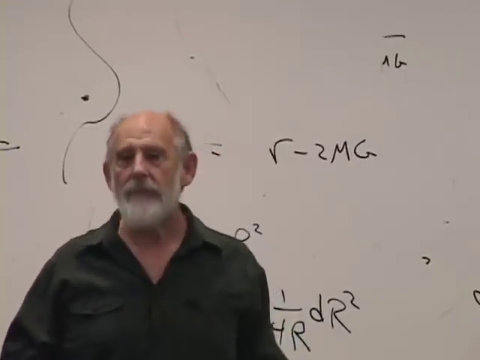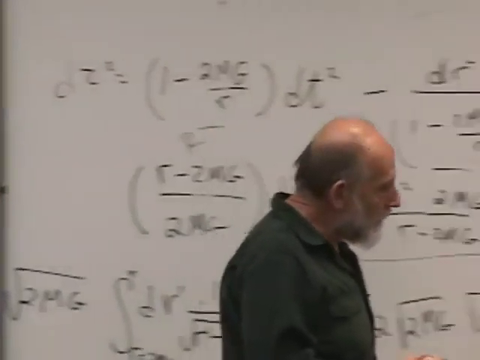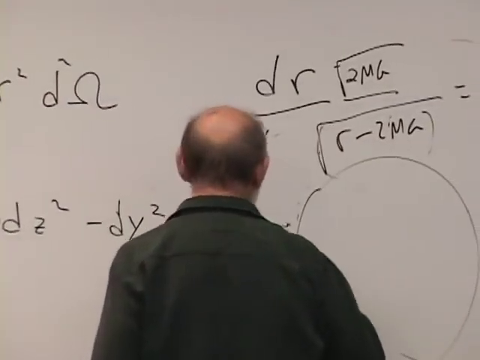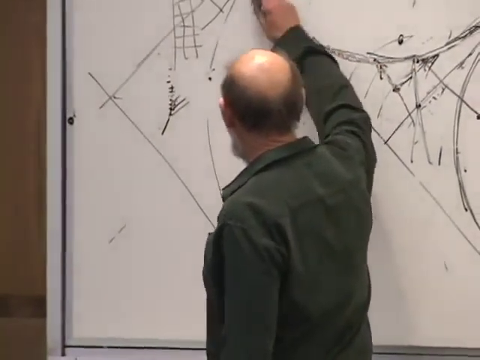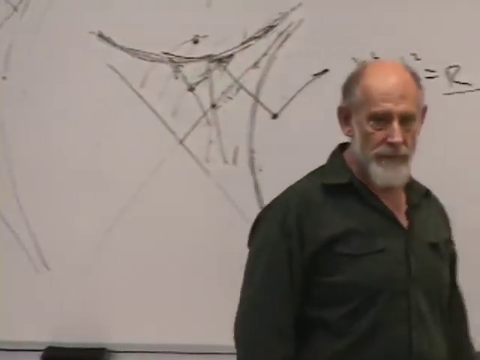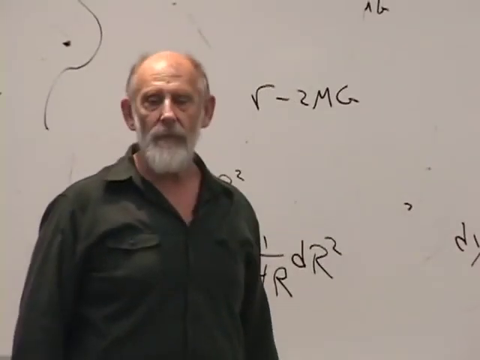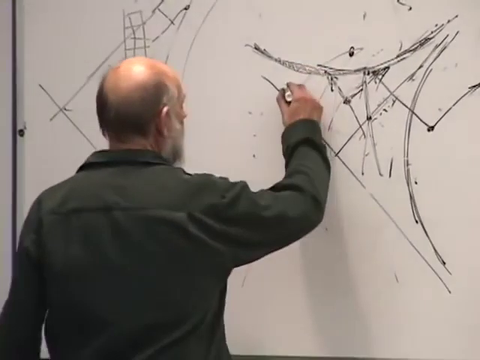But the one we're talking about with the t's and r's is one which doesn't really fall through the black hole. That's the one that looks like this outside the black hole. And inside the black hole, if we just extend the coordinates, they look like this.